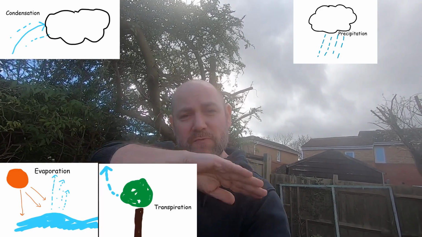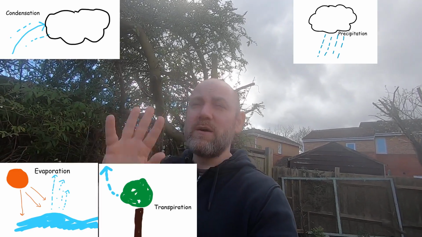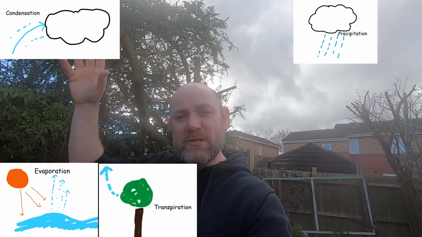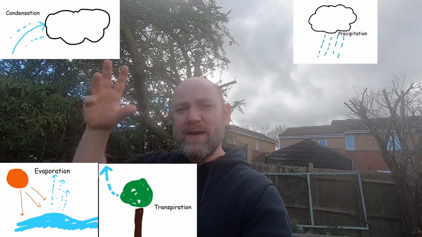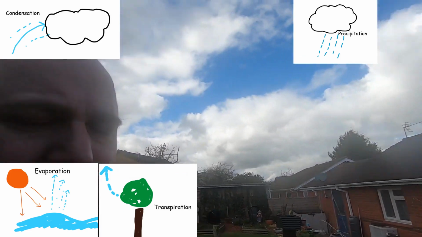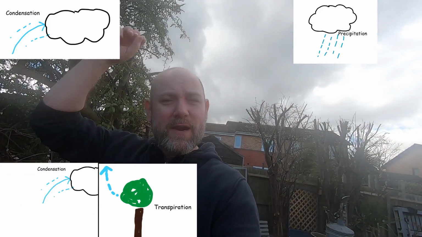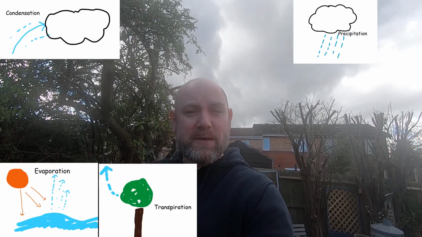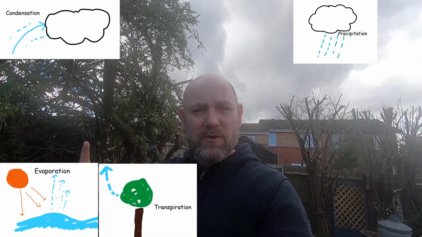We have evaporation of water from the sea, just called evaporation. Then we have condensation. When they hit the cool atmosphere, they form clouds like these clouds up here. And then, when the clouds are ready, they release their rain in precipitation. And this cycle goes round and round.